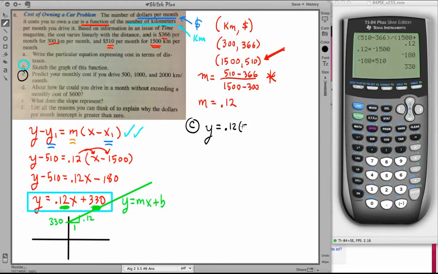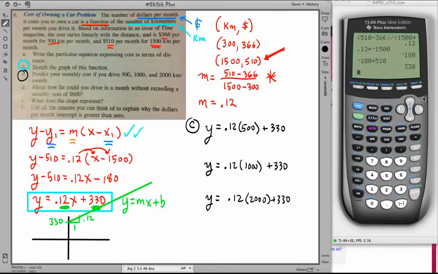First calculation is going to be 500 kilometers plus 330. And second time around, it's going to be 0.12 times 1,000 kilometers plus 330. Third time calculation, 0.12 times 2,000 kilometers plus 330.